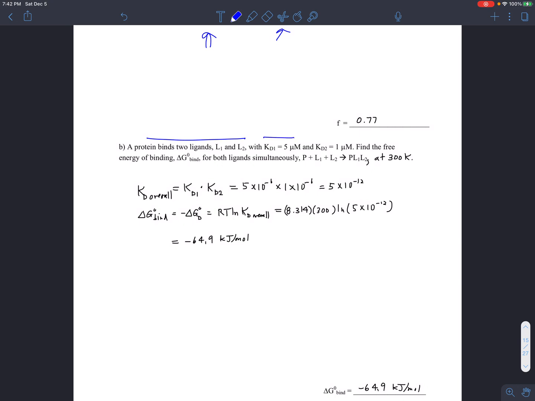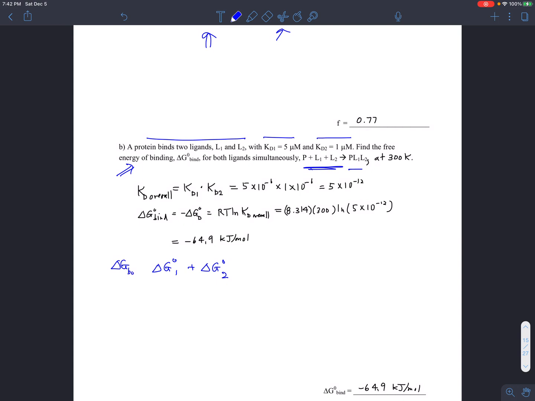Then it says another protein has 2 ligands, L1 and L2. The KD for the first one is 5 micromolar, and the KD for the second one is 1 micromolar. It asks to find the free energy of binding for both ligands binding at the same time. That means there's going to be a delta G for the first one and a delta G for the second one, and we could calculate it that way, right?